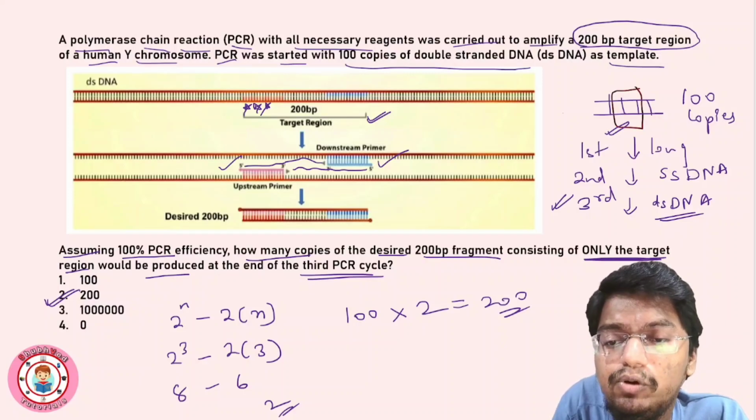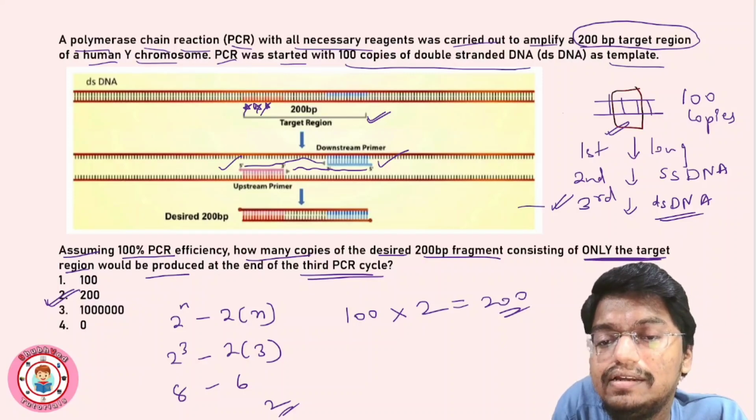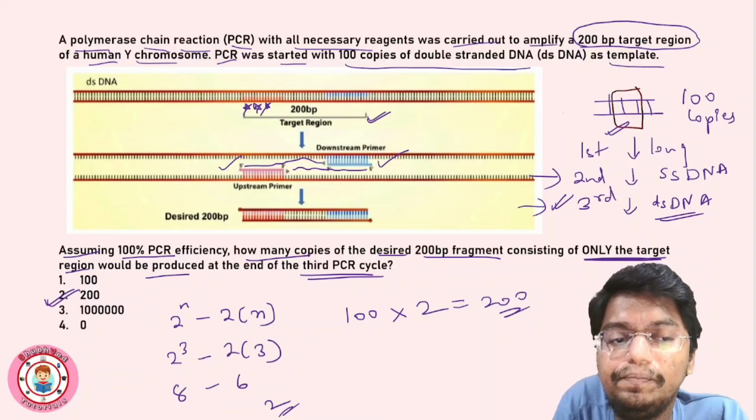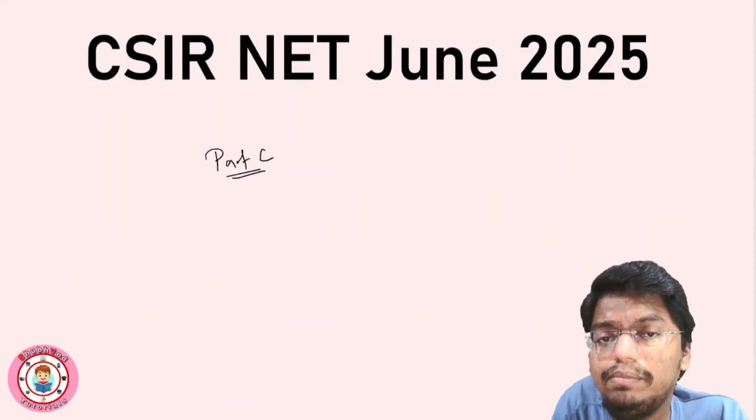First double strand product you will find at the third cycle. First single strand product you will find at the second cycle. Remember this. Okay, so in this video we solved 5 questions and previously 20 questions.